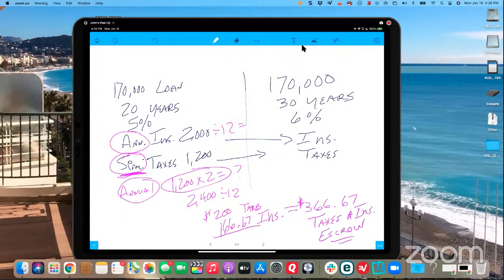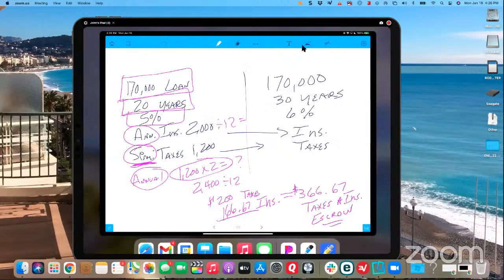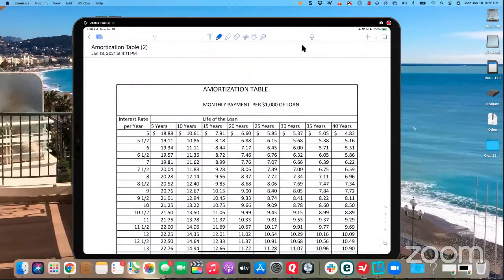So let's go back to the problem here. 170,000 loan, 20 years, 5% interest. So here's my 5% interest. This is the interest rate, right? And it was 20 years. So I can go right over here and stop right there, $6.60.